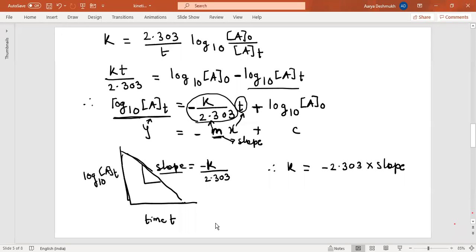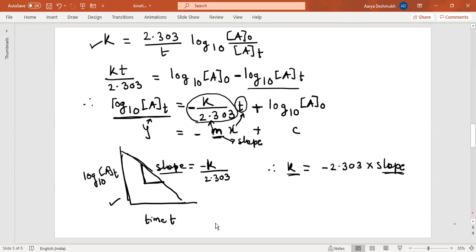Slope can be found out this way, using this coordinate and this coordinate. This is a very simple thing. So slope can be calculated and you will get the value for this rate constant. So this is the graphical representation for the integrated rate law equation.